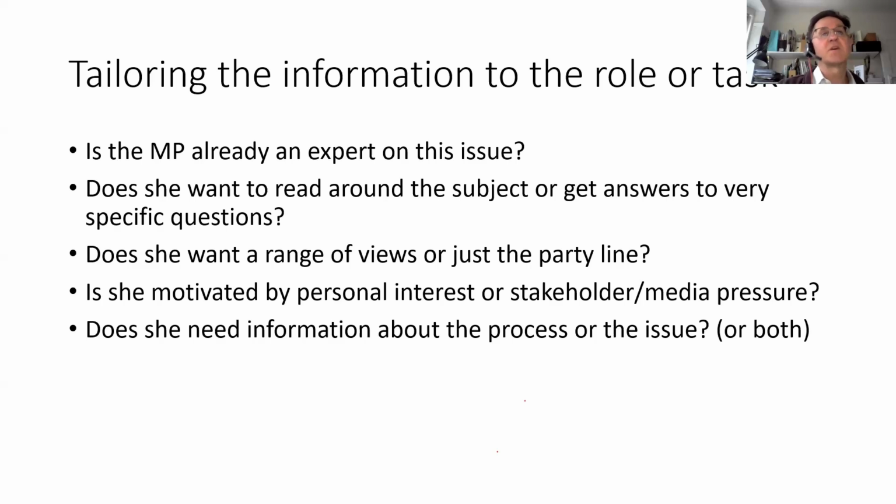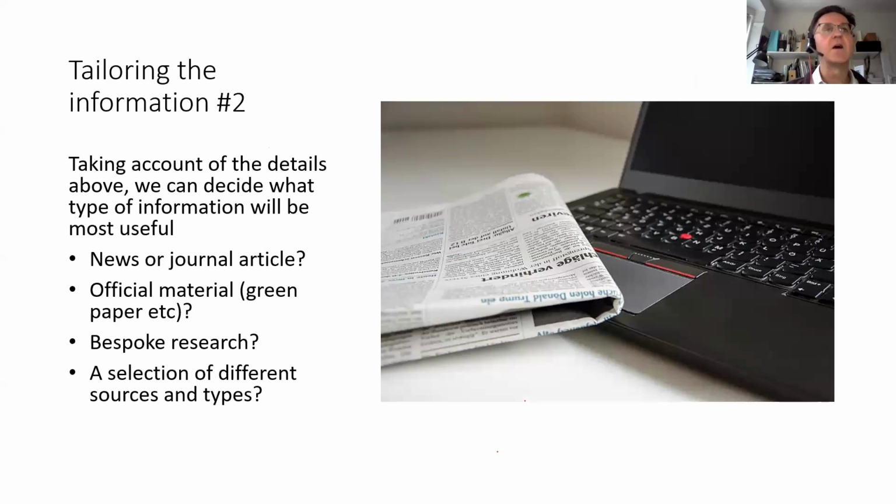Are they motivated by personal interest, political interest, or are they responding to stakeholder pressure? And do they need information about the process or the issue? For example, they might be interested in the mechanics of a particular vote on a particular issue. So it's really important to dig a bit deeper and understand why they're asking about a subject. And then, having garnered this information, we can decide what type of information will be most useful.